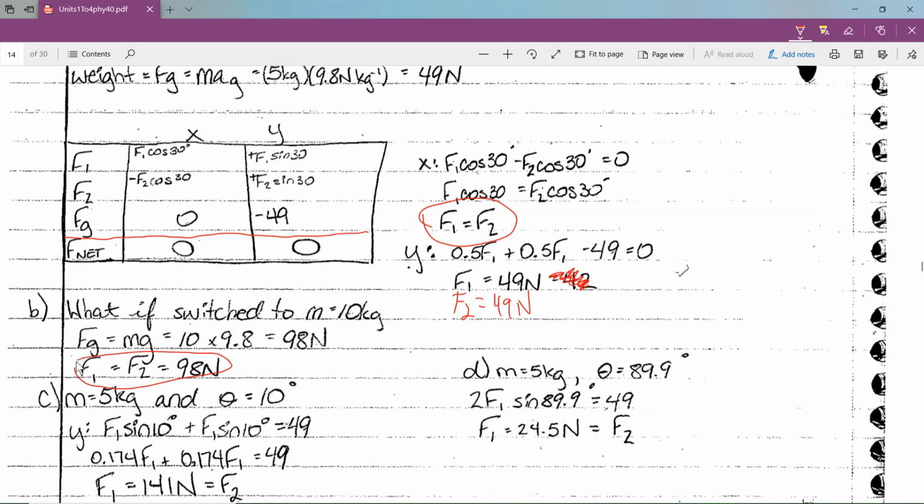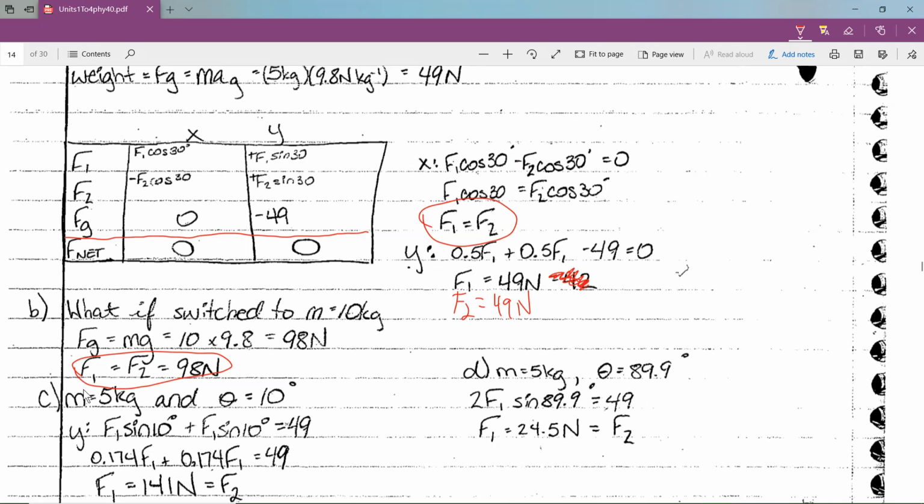So that would make sense, right? A more massive picture is going to cause a greater tension in the wires. So you better make sure that the material that the supporting wires, mounting wires are made of can withstand that force. If they don't, then you're going to have a mess.